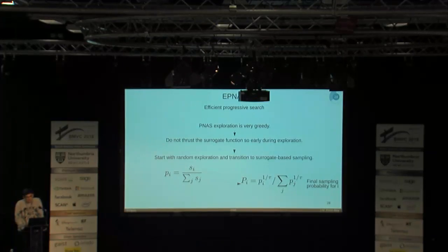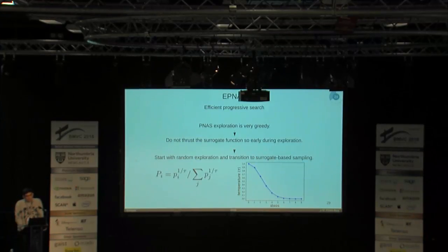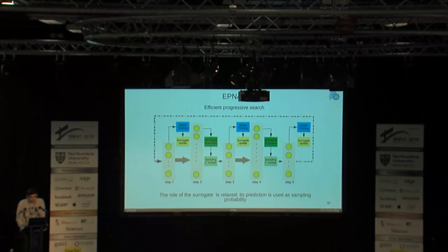But we also include a temperature-based computation, so we can control how random the exploration of the search space is. We start by having a more uniform distribution, and then fully trust the surrogate function at the end of exploration. To do that, we include iterations over the progressive neural architecture search. Basically, we are relaxing the role of the surrogate function by using it to predict a sampling probability instead of directly predicting the top K architectures.